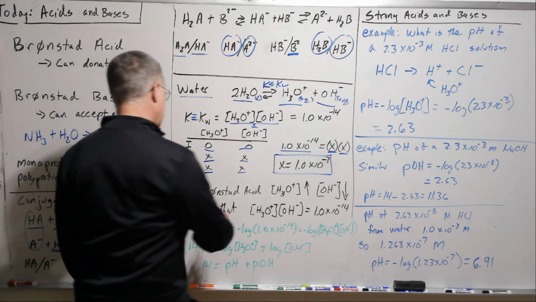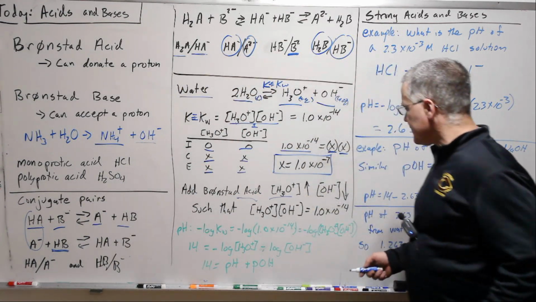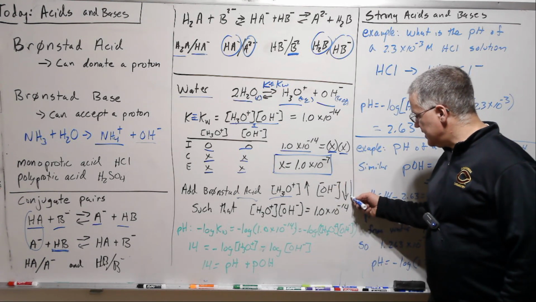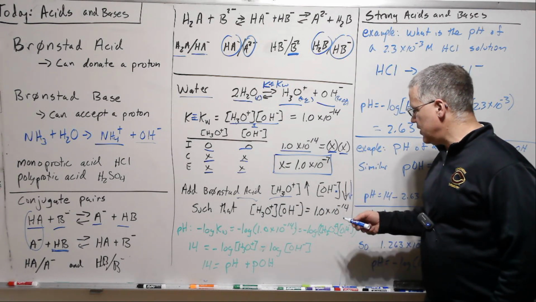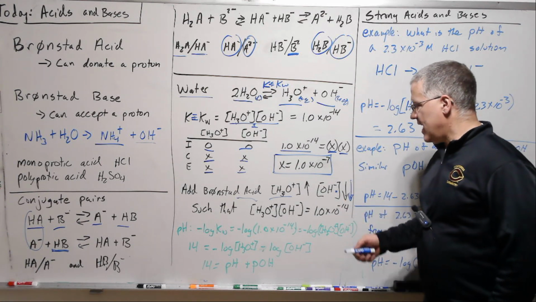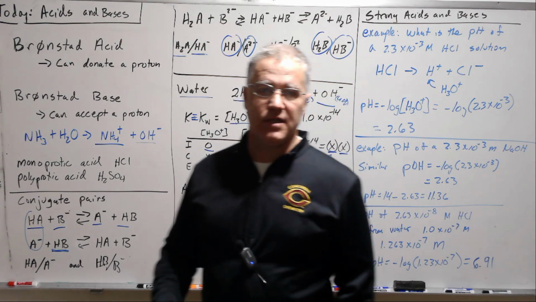Now, it's sort of a teeter-totter effect here. If we add a Brønsted acid, then the amount of H plus will go up, and it will do so by reacting with the OH minus, and that will go down, such that the product is equal to Kw.